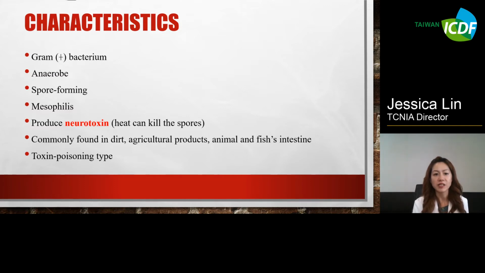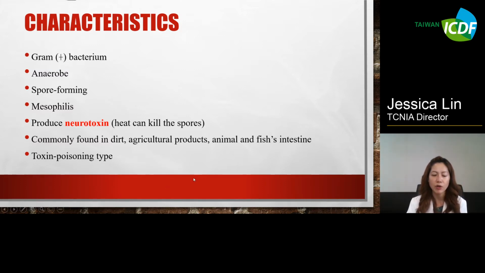C-Bot is commonly found in dirt, agricultural products, animal, and fish's intestine. So you can usually find C-Bot in animal and fish's intestine. It is the toxin poisoning type.